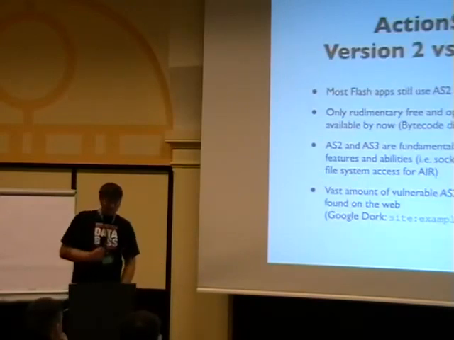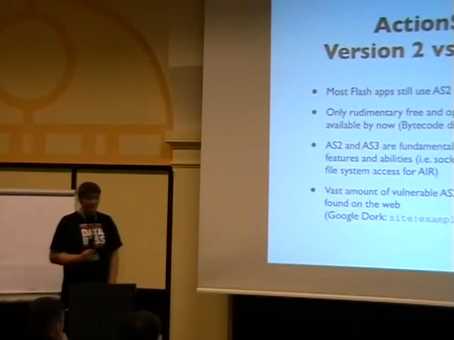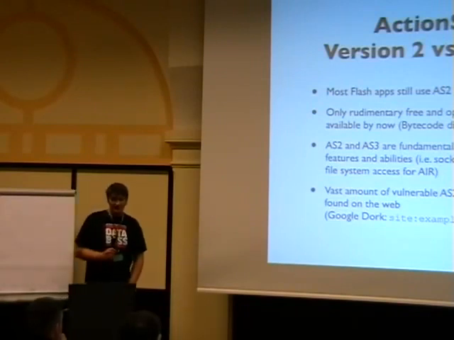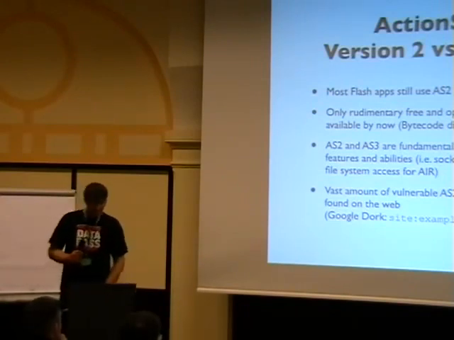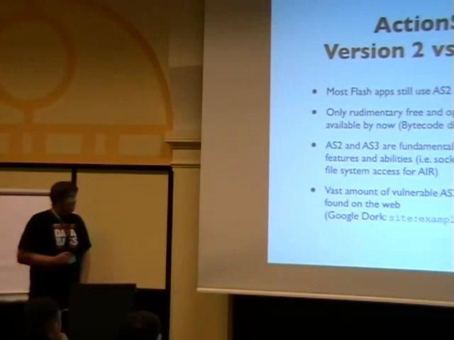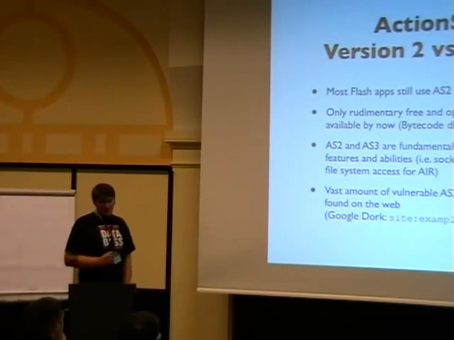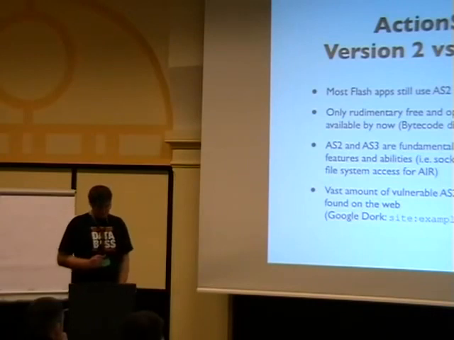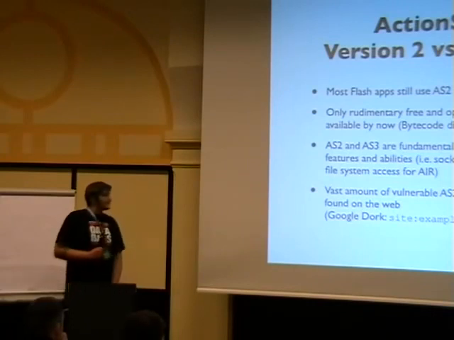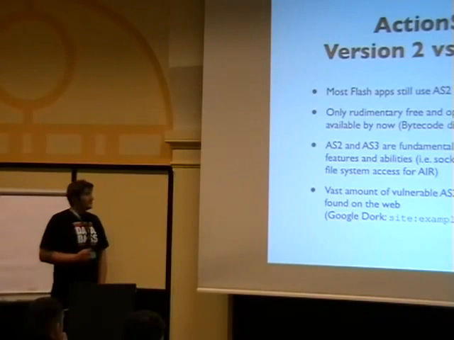There are a couple of differences between version 2 and version 3 of ActionScript. But most of the Flash applications you can find on the web are ActionScript 2 based, so most of the vectors I will show apply to them. The biggest differences are related to security.